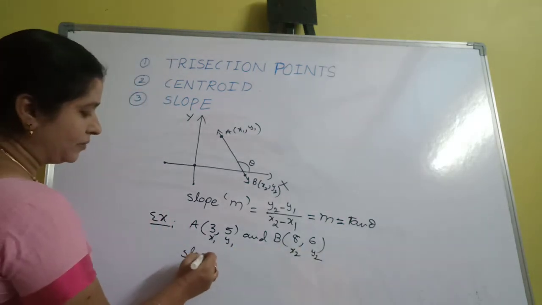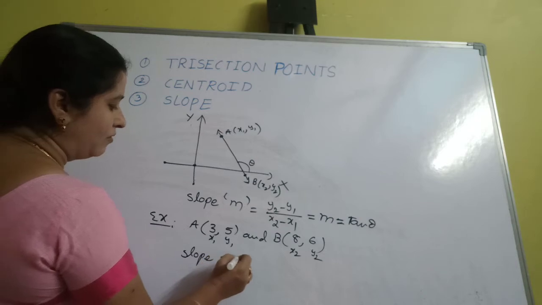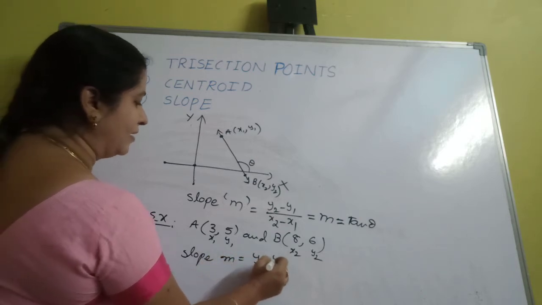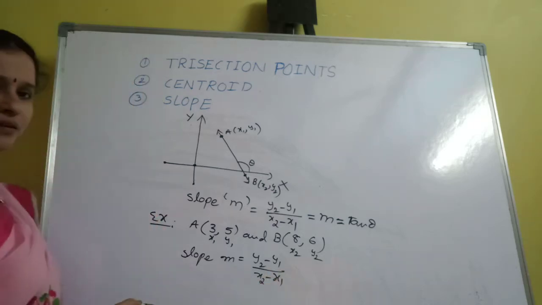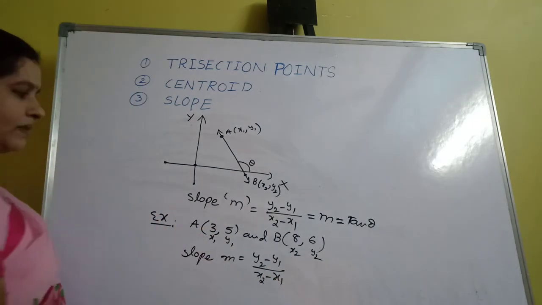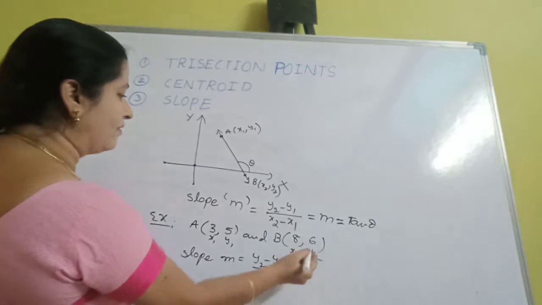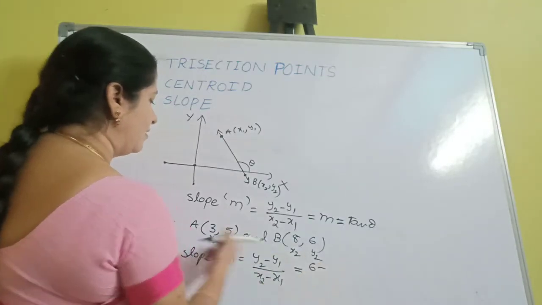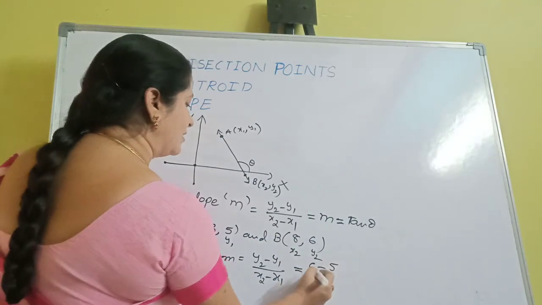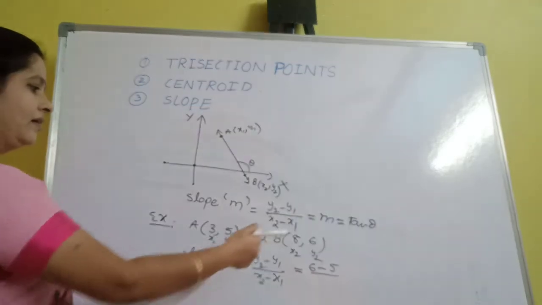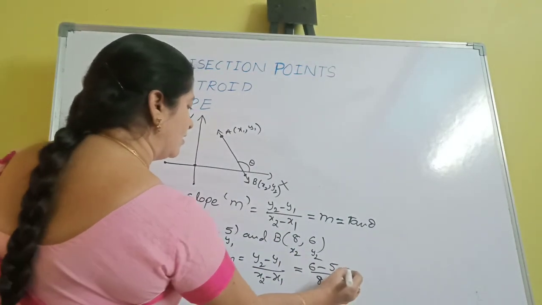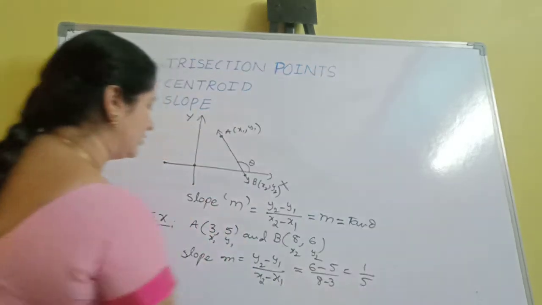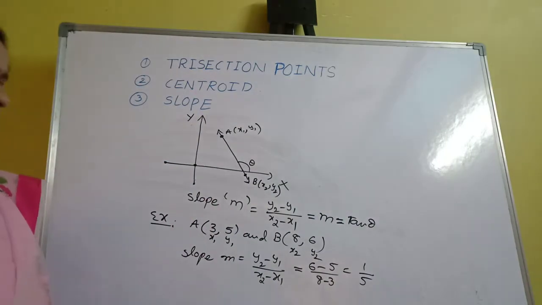Slope m equals y2 minus y1 by x2 minus x1. So y2 value 6, y1 value 5, 6 minus 5, by x2 value 8, x1 value 3, 8 minus 3. So it is 1 by 5. Slope is 1 by 5.